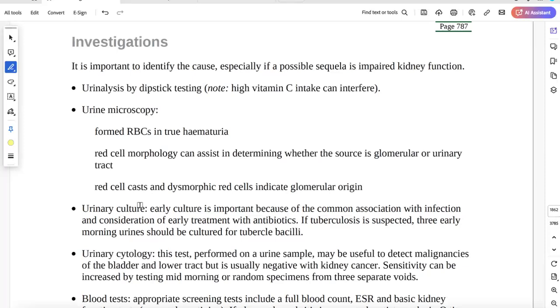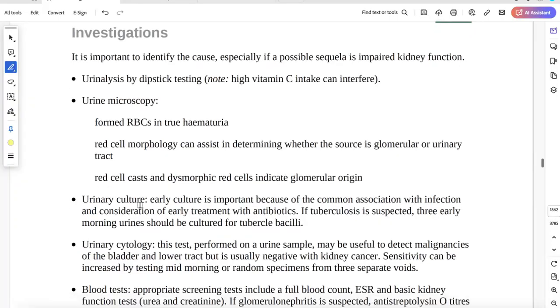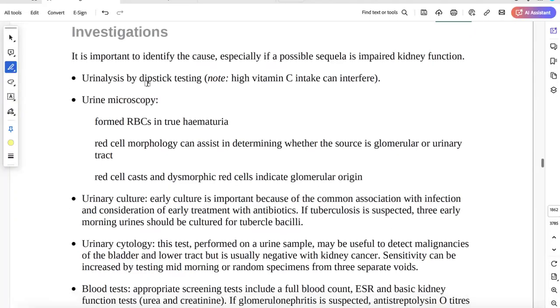Investigations, and that's the main thing, how we investigate a patient who has hematuria. I will go through what JM has written, and then we will go through some other guideline. So let's say a patient comes to you with some kind of kidney condition, or the patient says they have noticed blood in the urine.